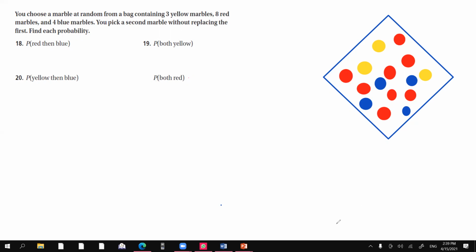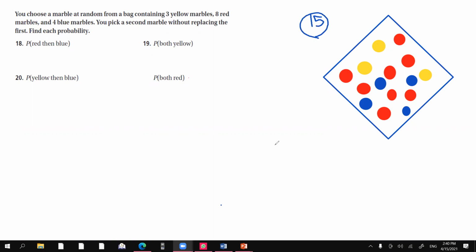We have 4 plus 3 plus 8. So here we have 8 plus 4, 12, plus 3, 15. So we have 15 marbles.